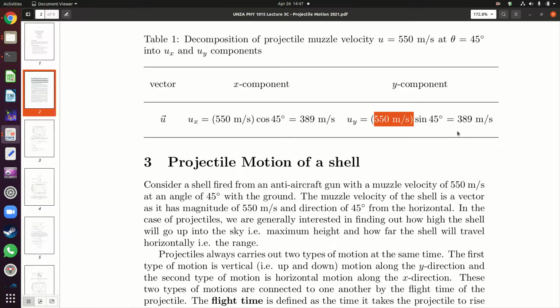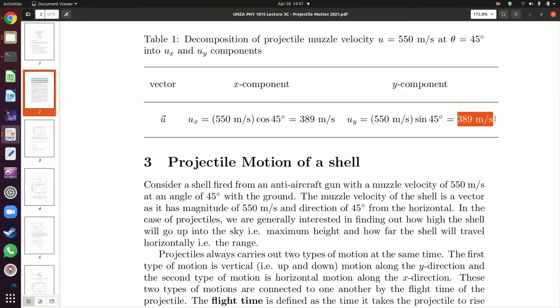Another thing you notice at 45 degrees: whenever a projectile is fired at 45 degrees, the x component of the velocity, ux, and the y component of the velocity, uy, are the same. They have the same size. 389 meters per second here, and 389 meters per second there.